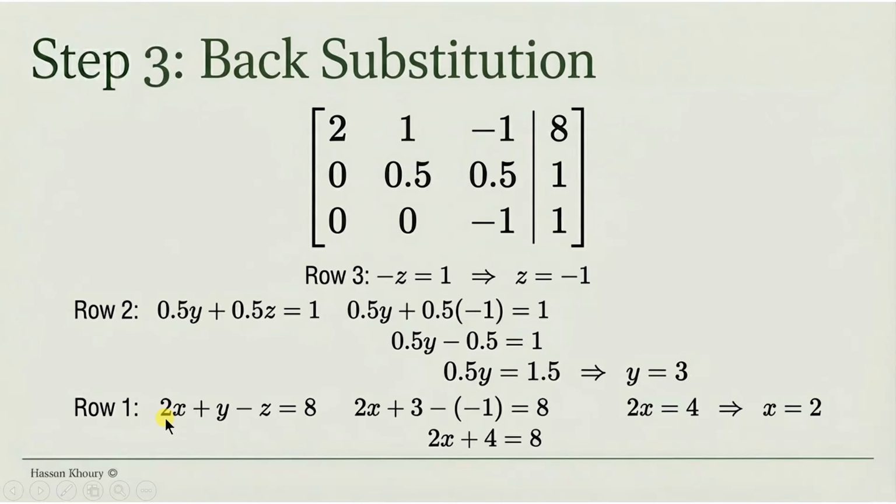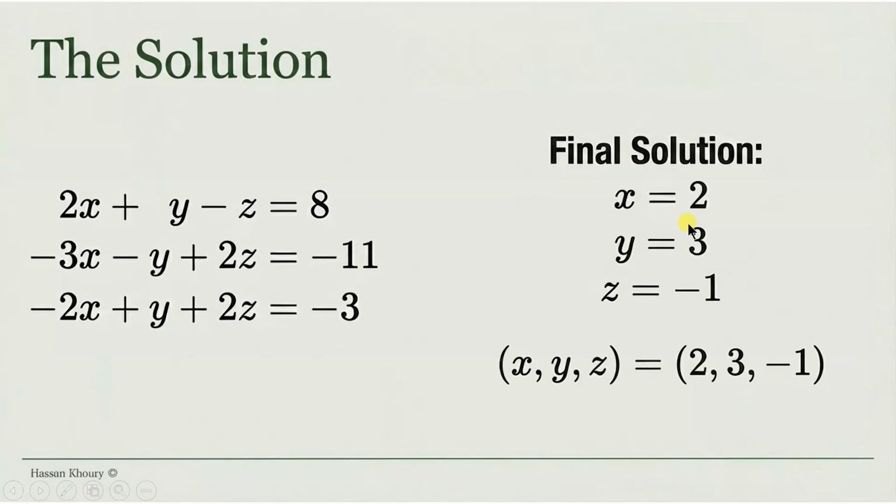And we have the equation for row 1: 2x plus y minus z equal to 8. And when we substitute the values of y and z, x will be 2. So our solution will be 2, 3, minus 1. x is equal to 2, y is equal to 3 and z is equal to minus 1.